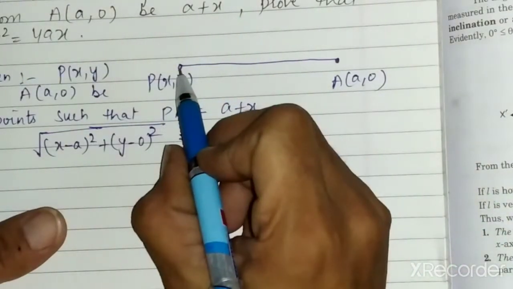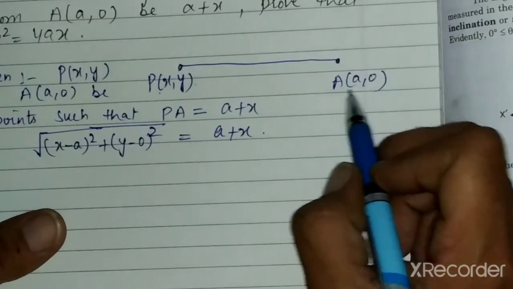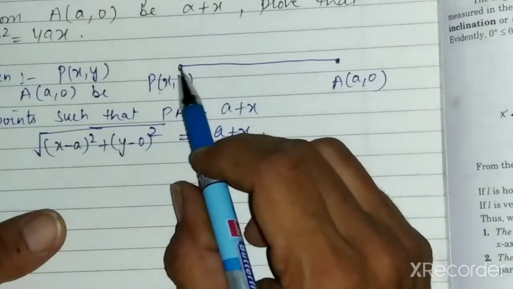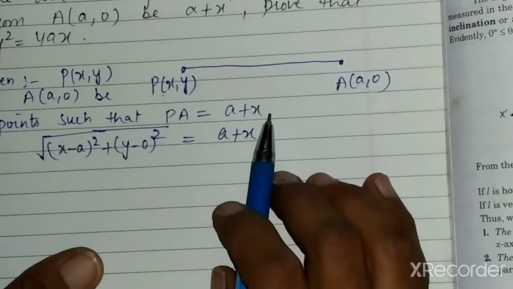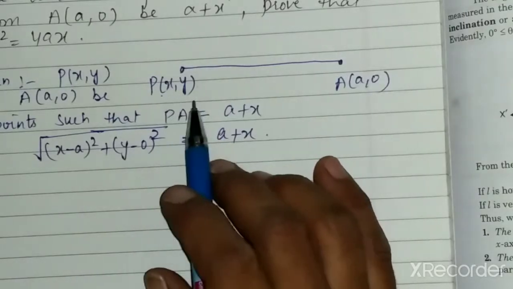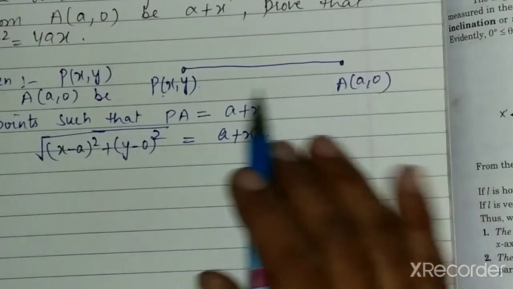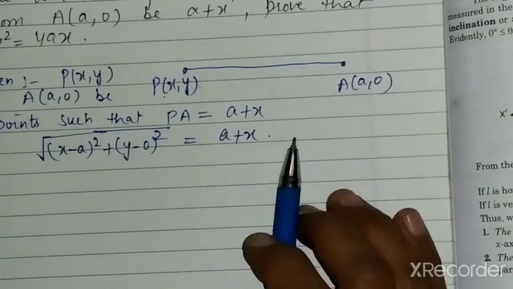Let this be the point P(x, y) and this be the point A(a, 0). We are given this distance PA is equal to a + x. So by using our distance formula, PA will be the square root of (x - a) whole squared plus (y - 0) whole squared, which equals a + x.